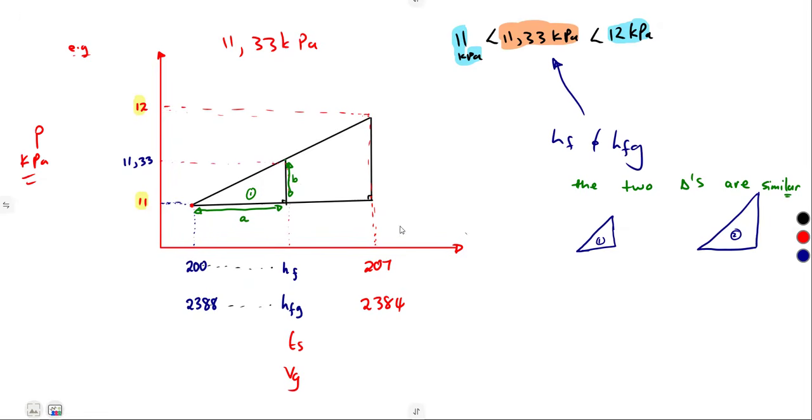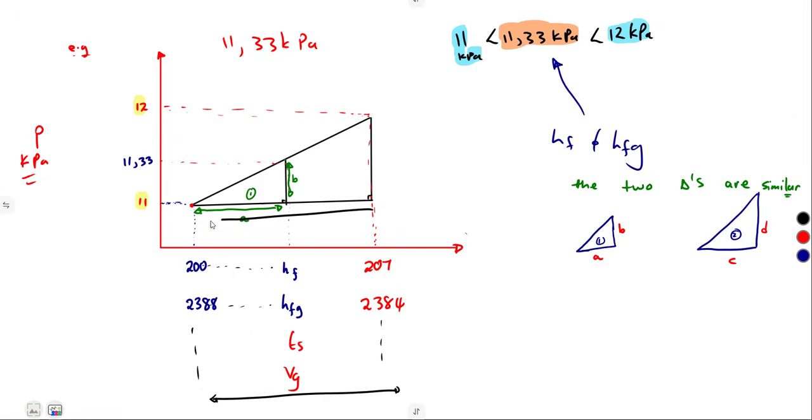That is our B. C is going to be taken on the bigger triangle. So this is A and this is B on the smaller one, then the bigger triangle is going to have C and D. So A, B, C, D, take note. Our C from the bigger triangle represents the difference from the values that we are given.